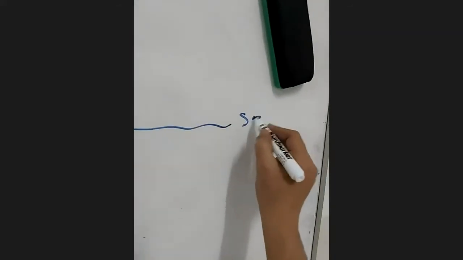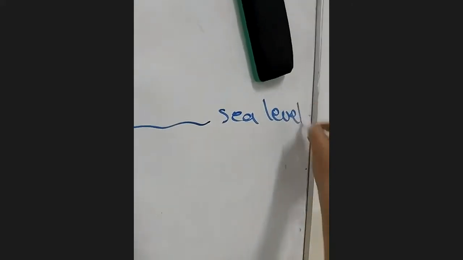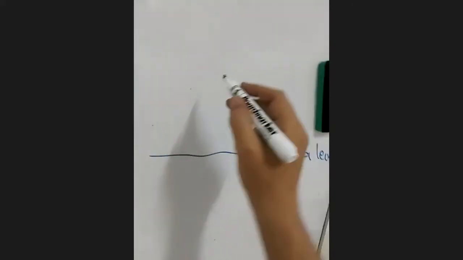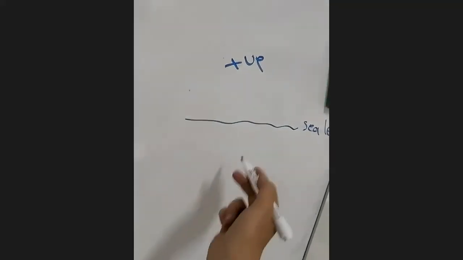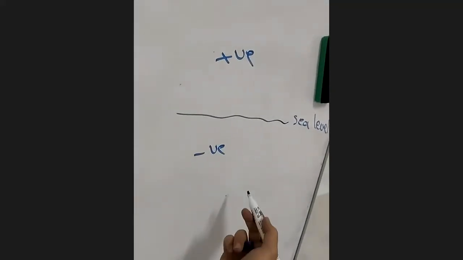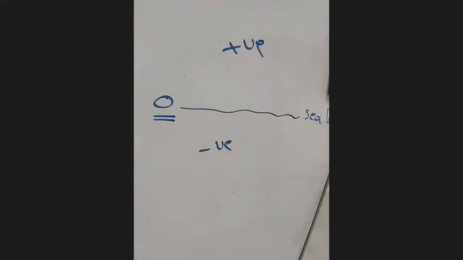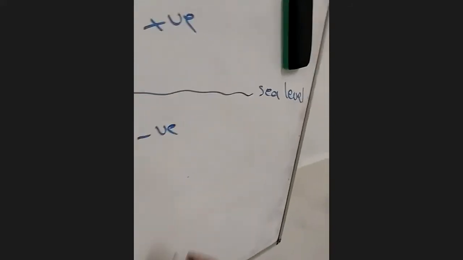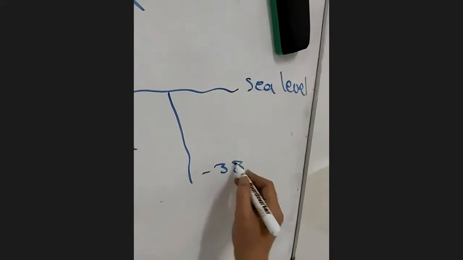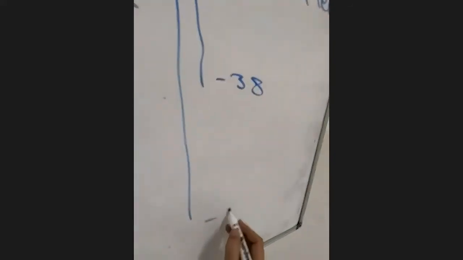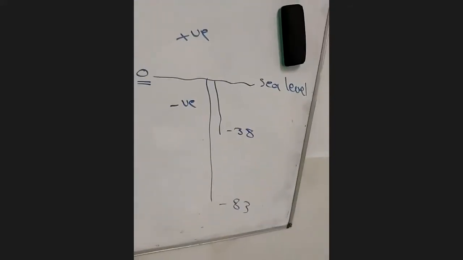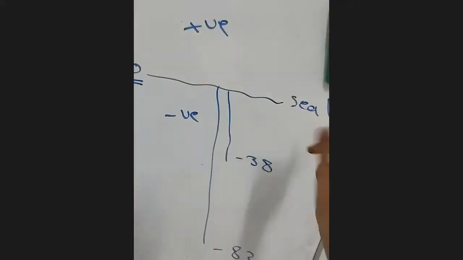Look here, guys. Sea level, remember? Up the sea level, it is positive. Down of the sea level, it is negative. We did that before. And on the sea level, we have 0. Now we have two numbers under the sea level. Which one is closer to the sea level?